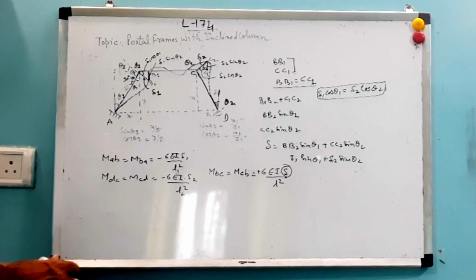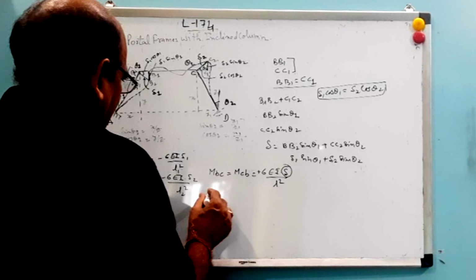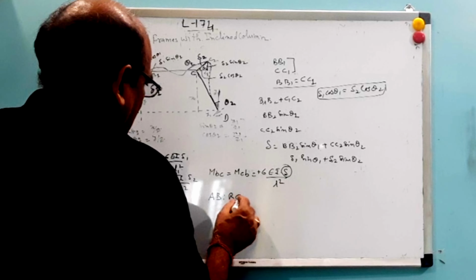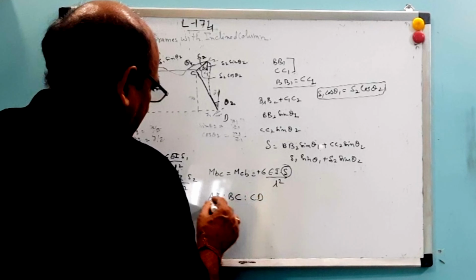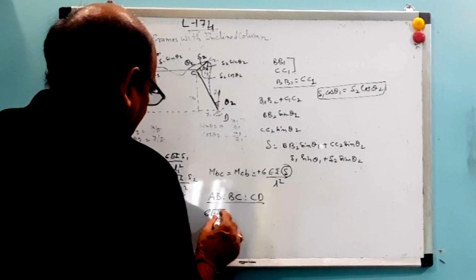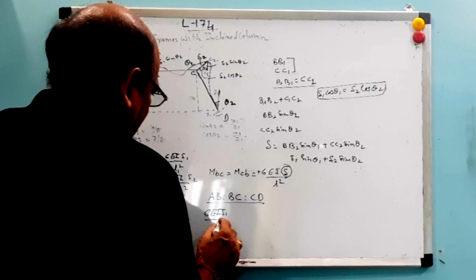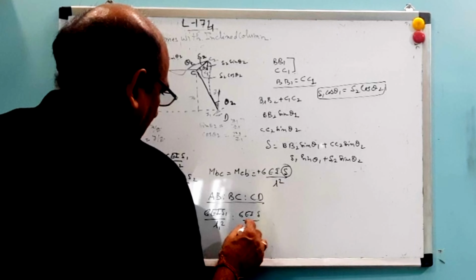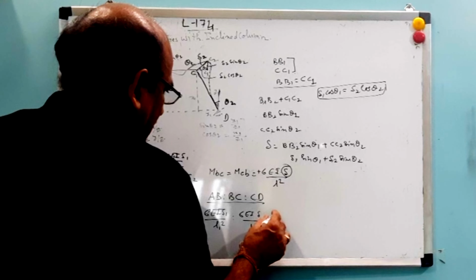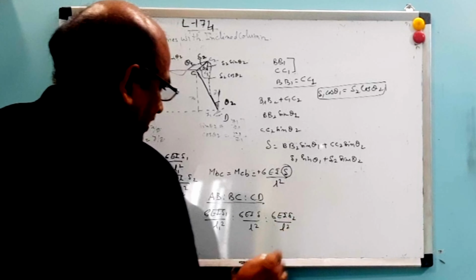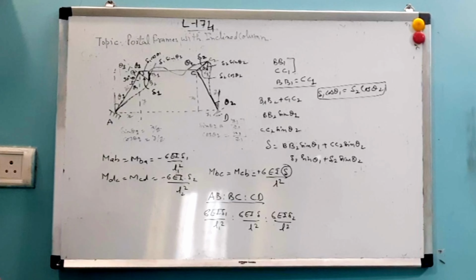So the relation between AB, BC and CD will be 6EI delta 1 upon L1 square, is to 6EI delta upon L square, is to 6EI delta 2 upon L2 square. These are the relations which we are getting from this figure.